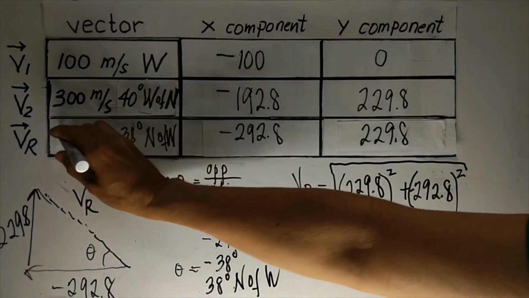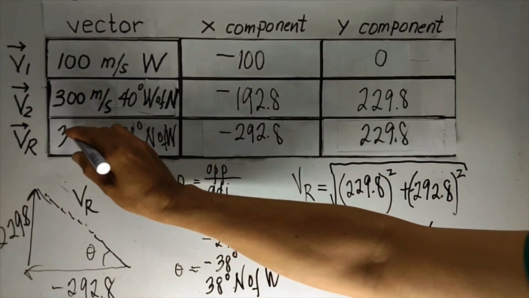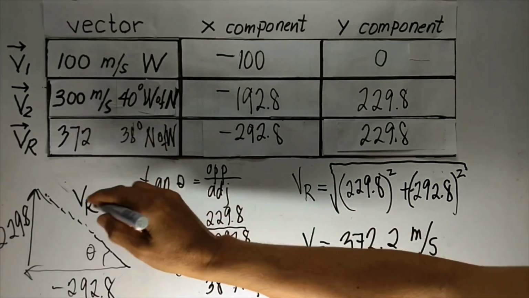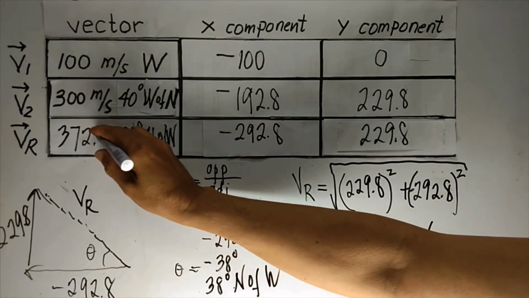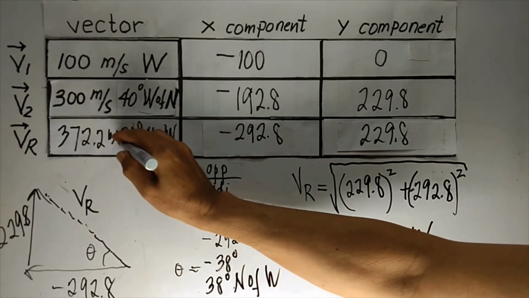So this will be 372.2 meters per second.